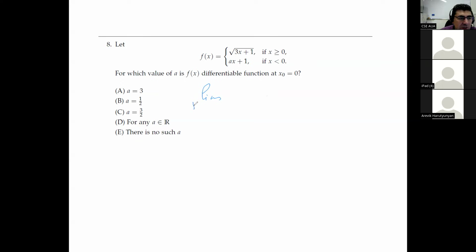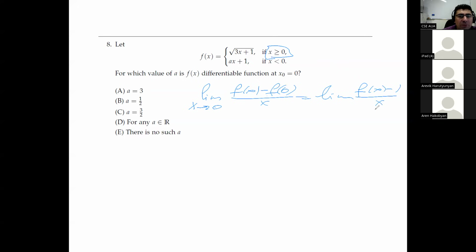Definition says that we have to consider a limit. We are talking about the derivative at 0, so x tends to 0 of f of x minus f of 0, divided by x. What is f of 0? It's 1. So we'll get f of x minus 1 divided by x.